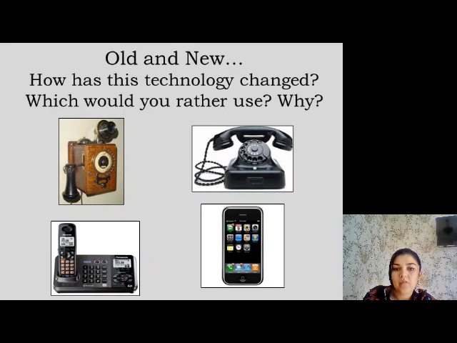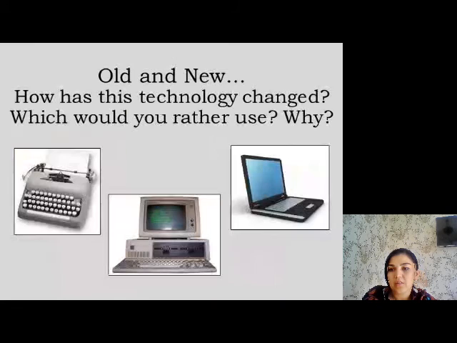And about phones, you see how phones have changed, outmoded. How has this technology changed? Which would you rather use? You can see the first picture, second and third. You can compare and say the differences between them.